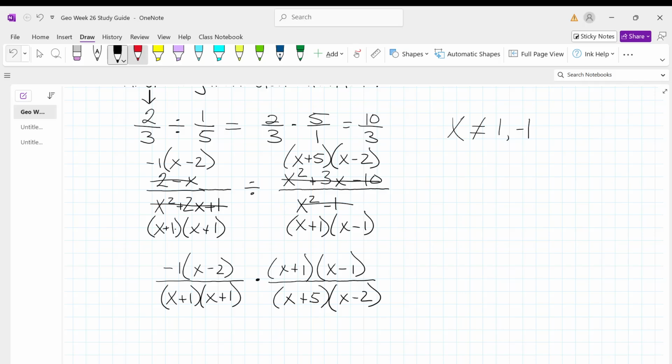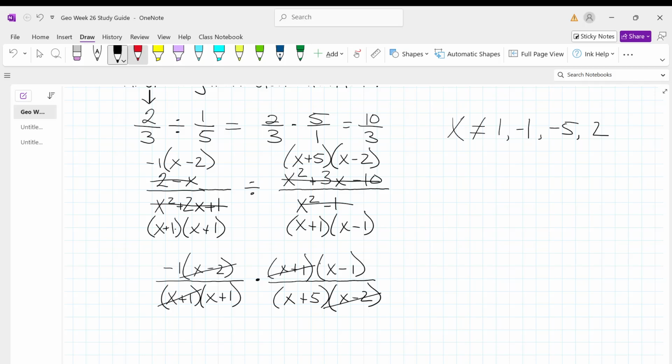Now, with this new denominator, we've got a couple other restrictions: negative 5 and positive 2. And now we can start simplifying the same way that you did yesterday. So this x plus 1 will cancel this x plus 1, and this x minus 2 will cancel this x minus 2.